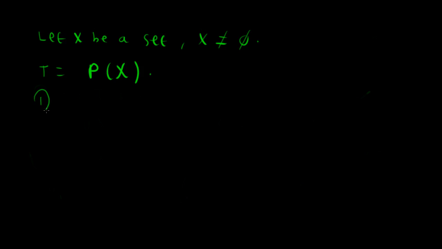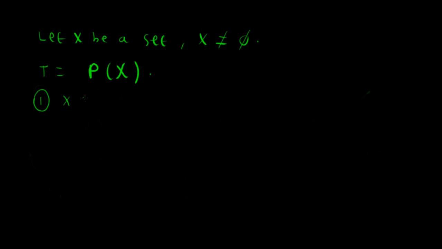Why? Well, we need to check these conditions. This may seem kind of boring if you've grasped it already, but it's quite instructive to go through each condition and check it yourself just to make sure you really understand what's going on here. So, condition number 1, I need X and the empty set to be in T. Well, X is a subset of itself, so it's in the power set.